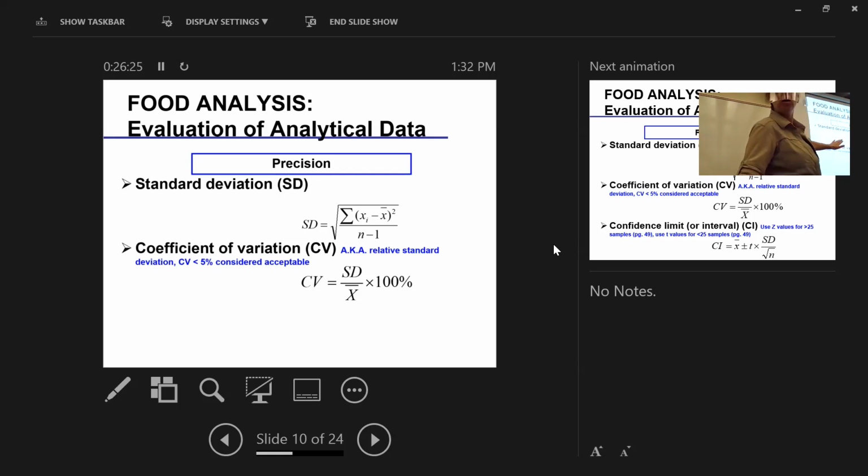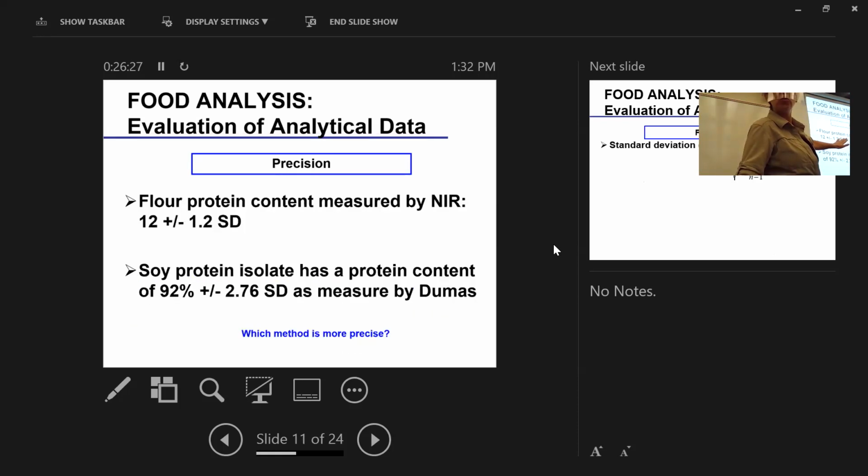I'm going to show you something here to demonstrate why coefficient of variation is a better representative of precision. Okay, here you have a flour sample, and we measured protein in this flour using NIR, which is a secondary method of analysis calibrated using official methods of analysis. We'll learn about NIR later.